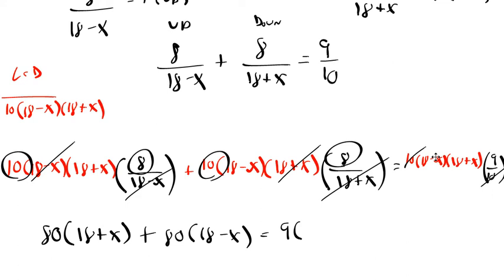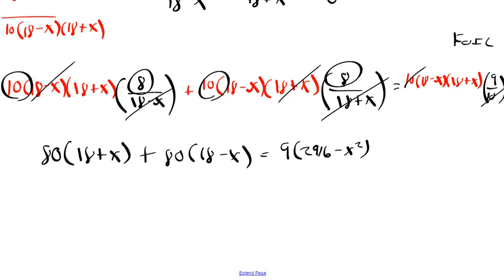If I do the FOIL method right here, and you could do that, I'll do that quickly here. If you did the FOIL first, outside, inside, last, then you would get this guy.